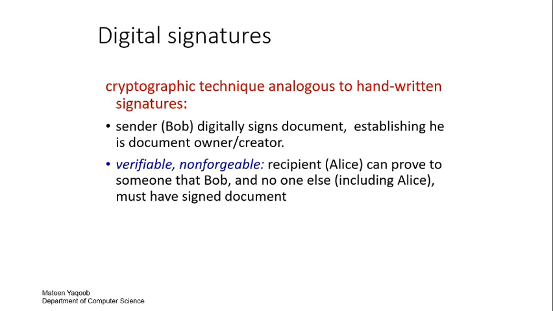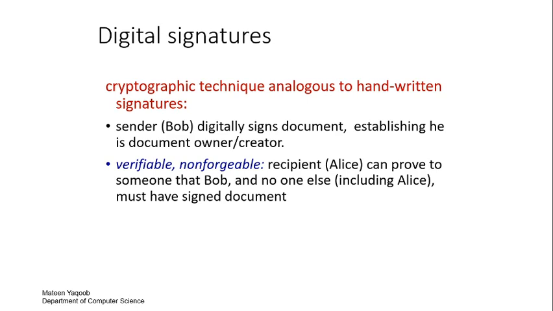The signature is a unique identifier which ensures that this document was signed by Umar. A similar concept applies to digital signatures, in which the sender digitally signs the document, thereby establishing that he is the owner or creator of that document.